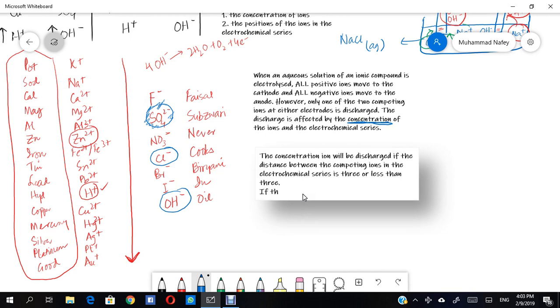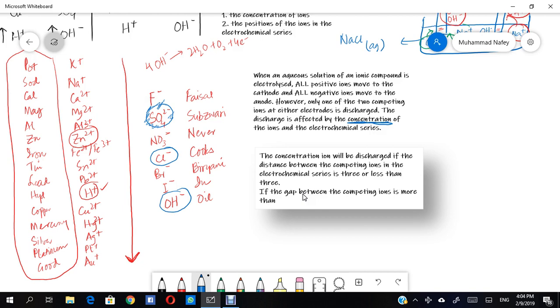If the gap between the competing ions is more than 3, then the ion lower in the electrochemical series will be discharged.